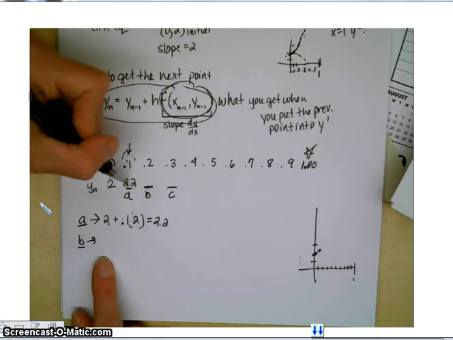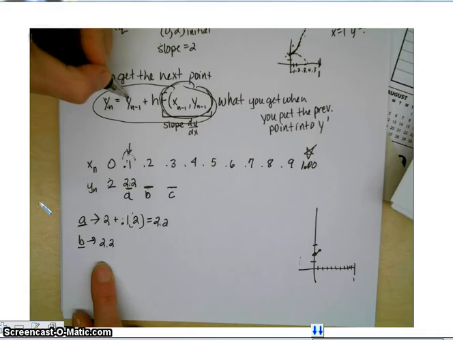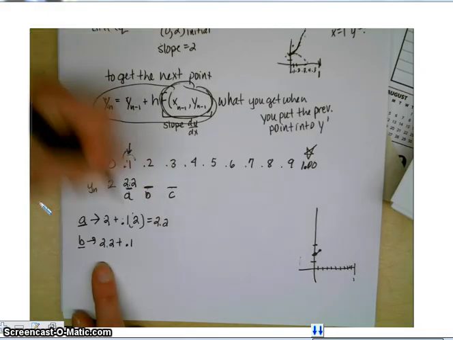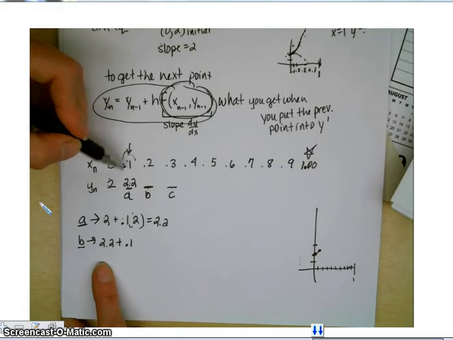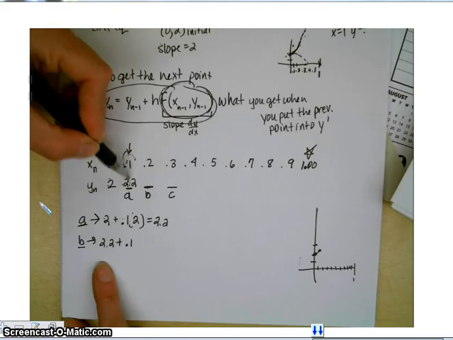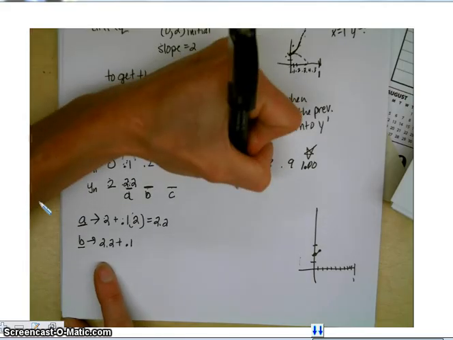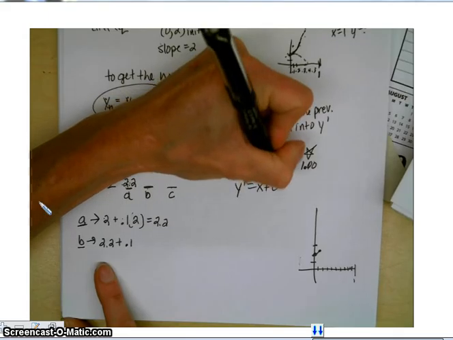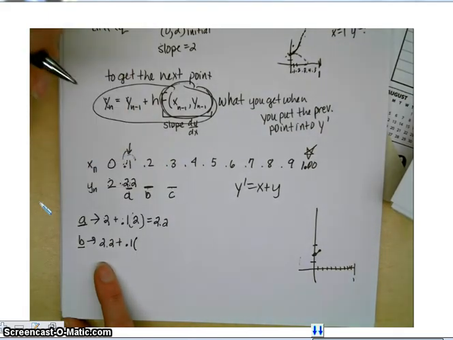So now my previous y value is 2.2. My step size is still 0.1. And this time I have to put 0.1 and 2.2 into that derivative equation. So now I'm going to put these two numbers into my derivative equation. Remember the derivative equation, y prime equals x plus y. So 0.1 plus 2.2 is 2.3.